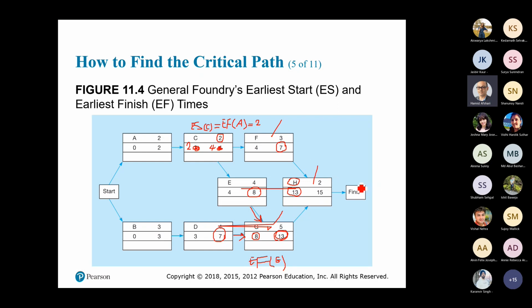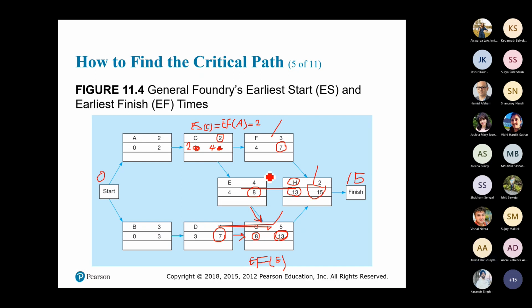And finally, how long would it take to complete this project? 15, that's the last one. So you can write that it takes 15 weeks to complete this project, and it starts with 0 and finishes with 15. So can I finish within 16 weeks?